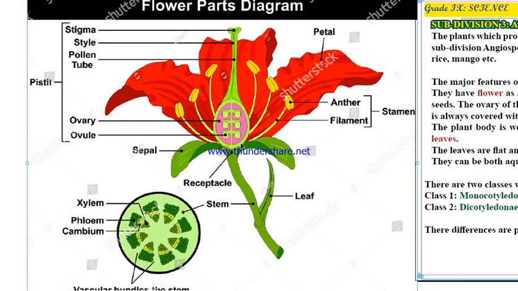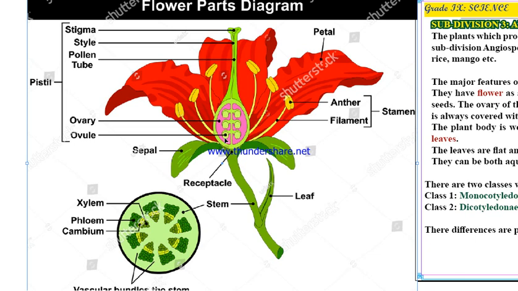From the base of the ovary there is a small hole. Through that small hole the male gamete enters inside the ovary, and then it enters into the ovule. Then the male gamete fuses with the ova, and the ovule will form seed.